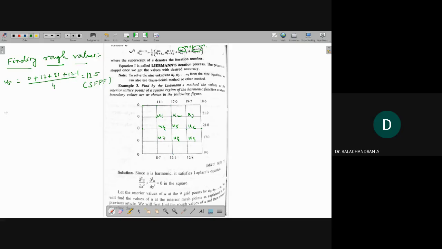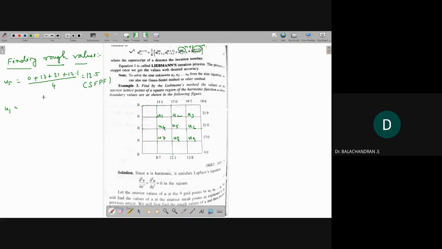Similarly, next U1. Here you can't use the standard 5-point formula because I don't know U4 and U2. I know only this value 0 and 11.1. So it is better to use the diagonal 5-point formula.